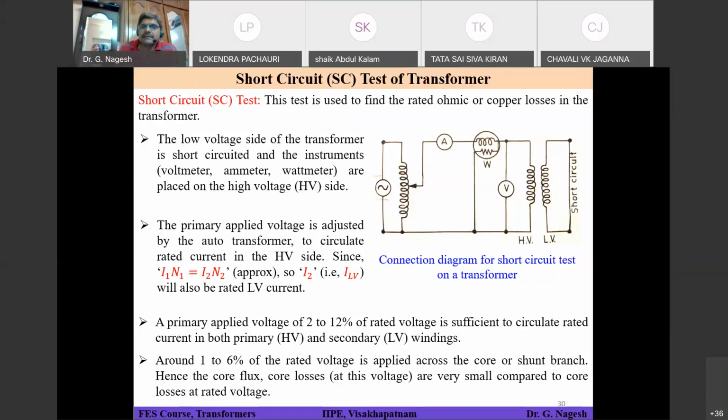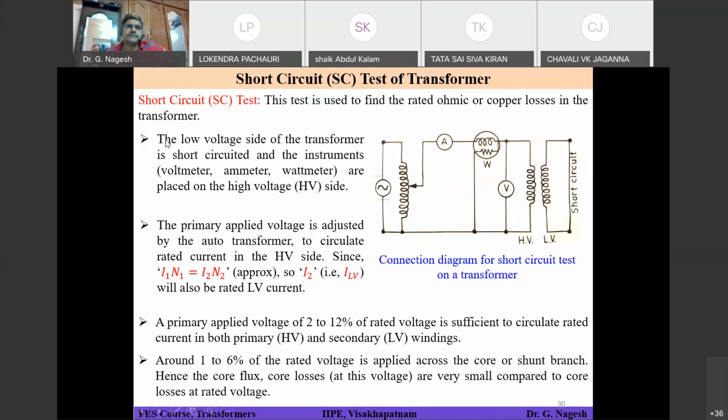So since it depends upon the current, you have to make sure that you are sending current in the primary winding and secondary winding, and if you are sending the rated current, then only we'll call it rated copper losses. So that is the reason why we are trying to send rated current. Is it clear? Yes, sir.